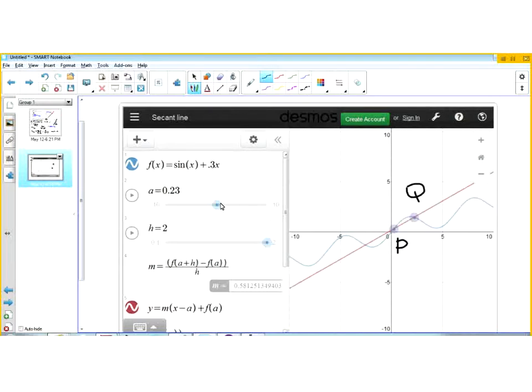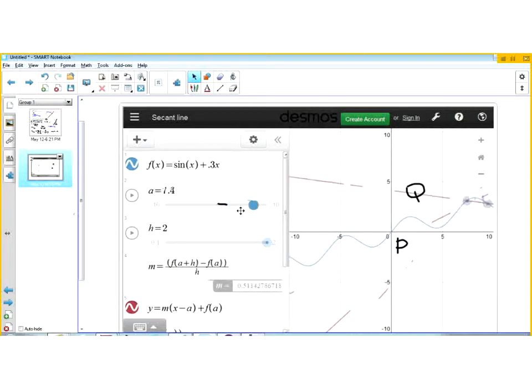Now, before I ask the question, they're the 2 points, and I'm just adjusting the coordinates of the points. You can see the coordinates of the points. Now, what would happen?